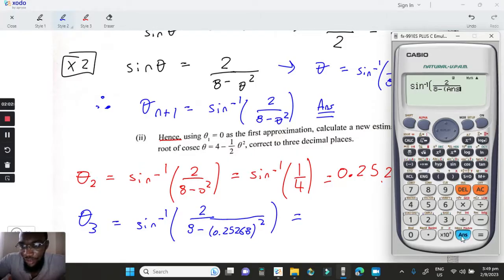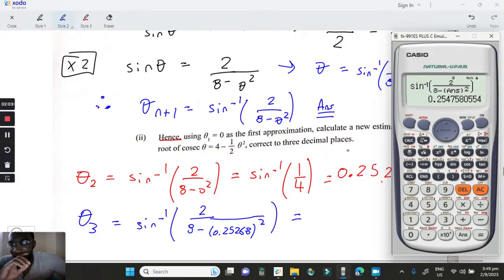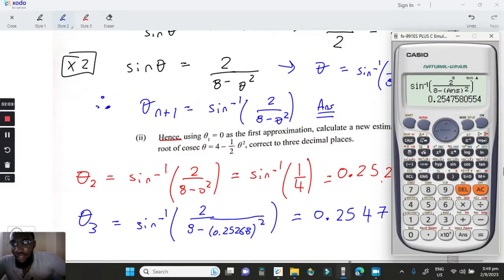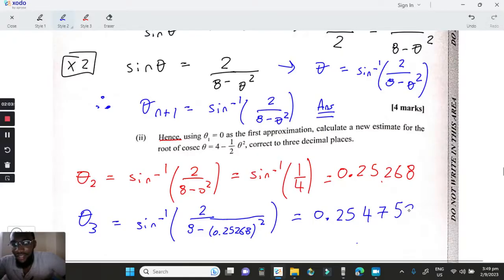The calculator stores it as answer squared. Let's see what we get. We get 0.254758. Now remember, we need the first 3 decimal places to be the same before we can stop.